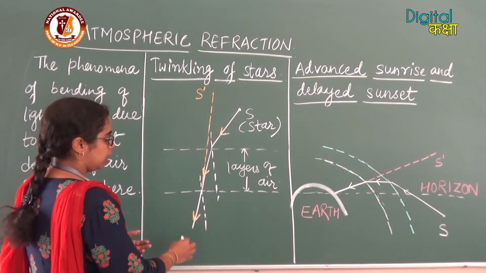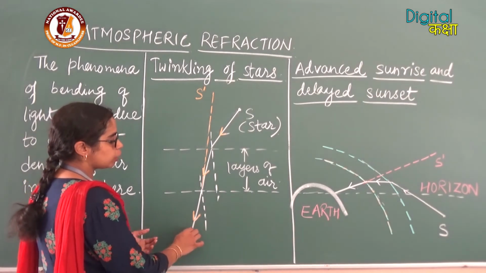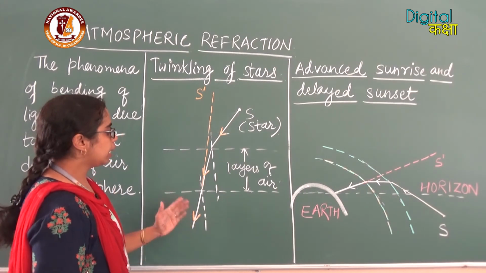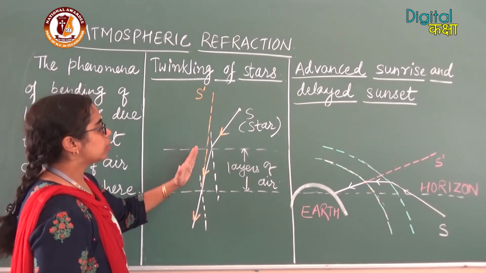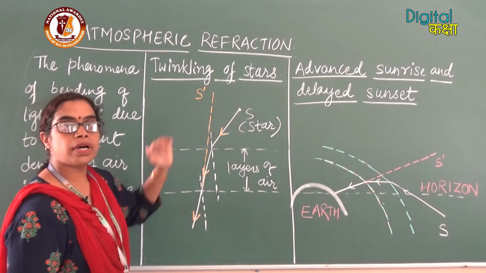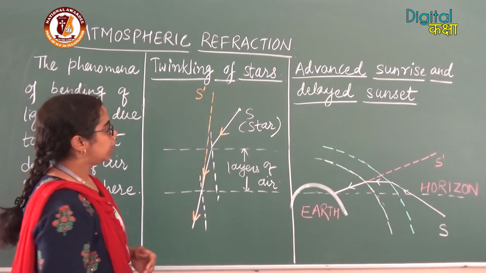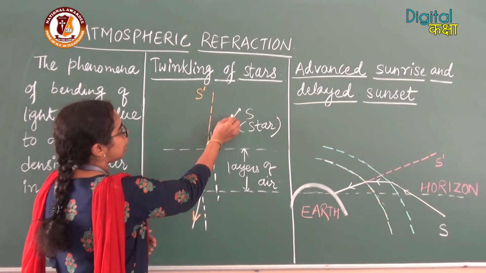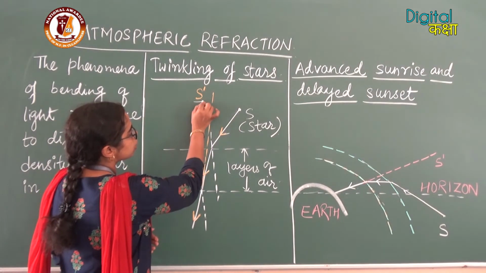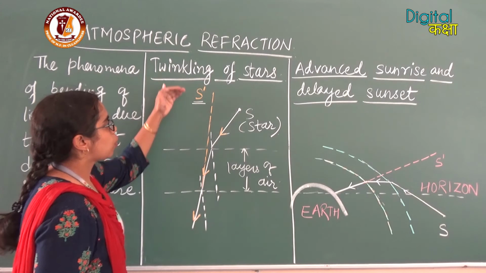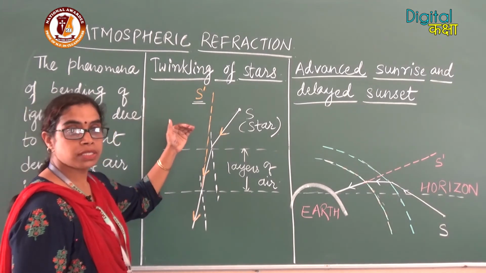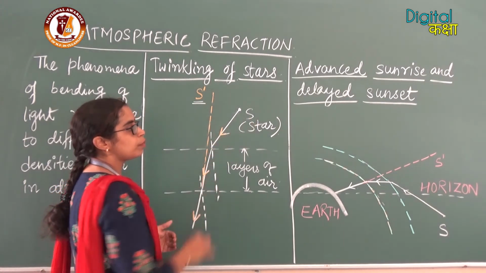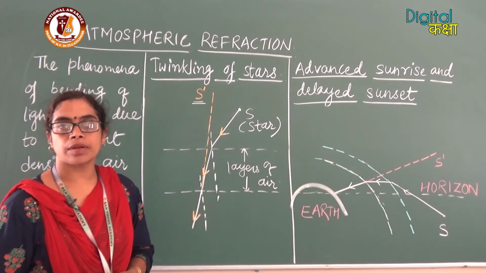Finally, when the refracted ray reaches the eyes of the observer and is extended backward, in the upward direction, we get a position of the star S dash, which is obtained at a point slightly higher than the actual position of the star.